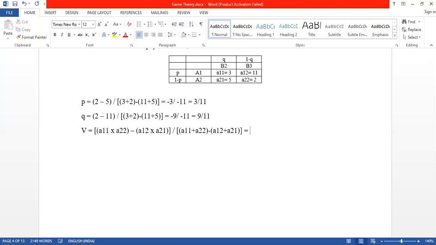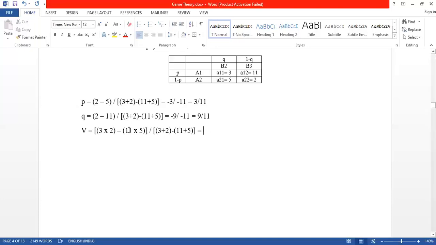Finally comes the value of the game. For the value of the game, A11 is 3 into A22 is 2, minus A12 is 11 into A21 is 5, divided by A11 is 3 plus A22 is 2 minus A12 is 11 plus A21 is 5.